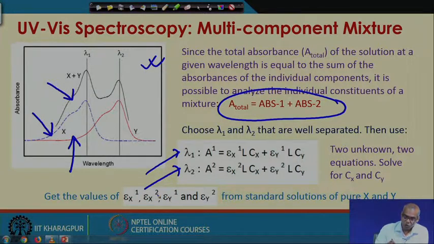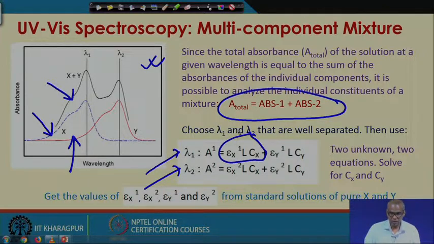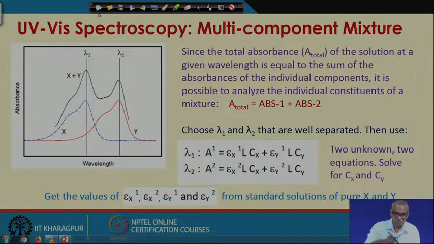So, the absorbance at lambda 1 is the sum of absorbance for x and for y. So, I write molar absorptivity for x into path length into concentration of x plus molar absorptivity of y into path length into concentration of y. The same equation I write for lambda 2.